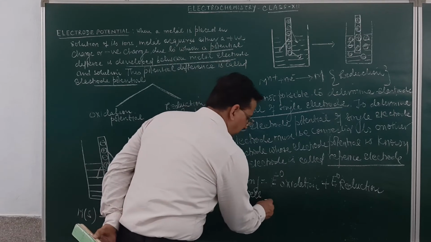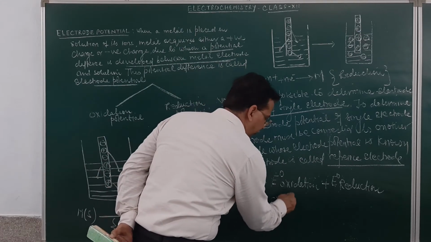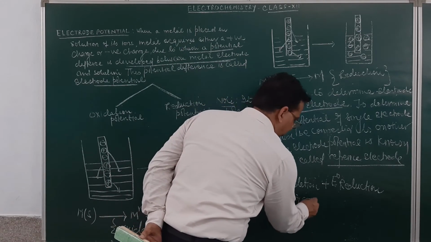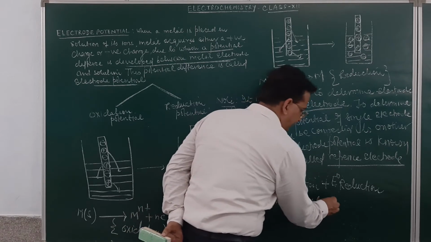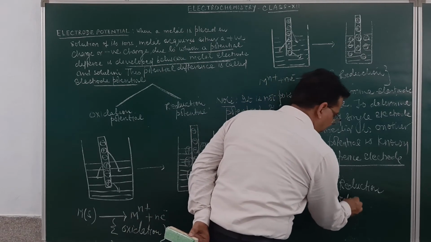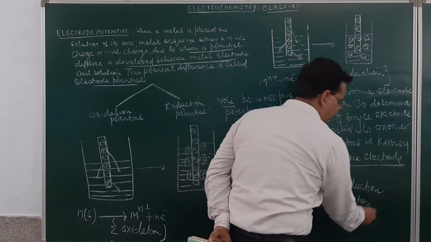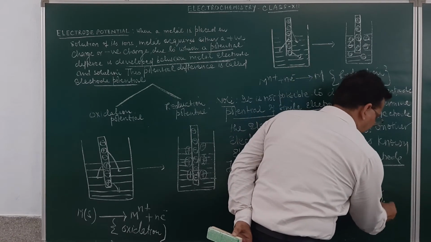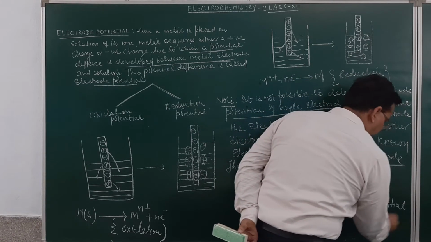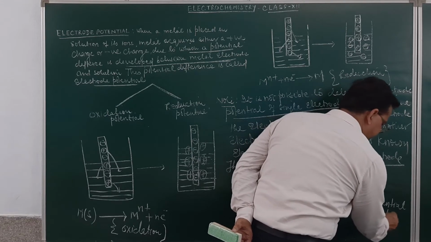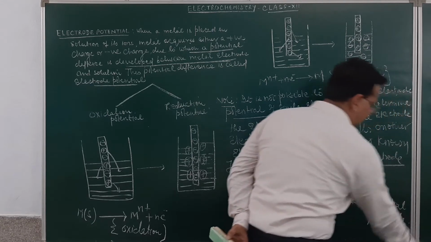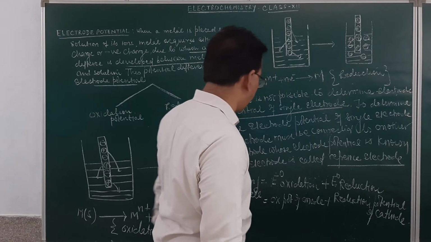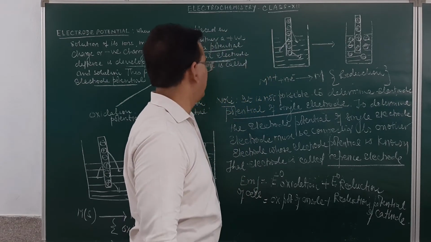Am I clear? So EMF of the cell is the oxidation potential of anode plus the reduction potential of cathode.